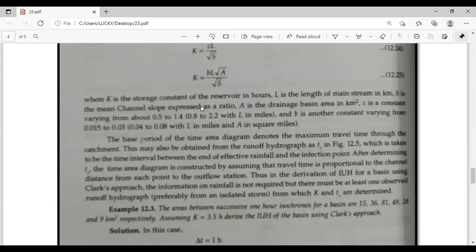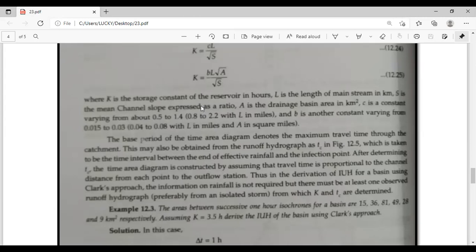The base period of the time area diagram denotes the maximum travel time through the catchment. This may also be obtained from the runoff hydrograph as Tc in figure 12.5, which is taken to be the time interval between the end of effective rainfall and the inflection point.